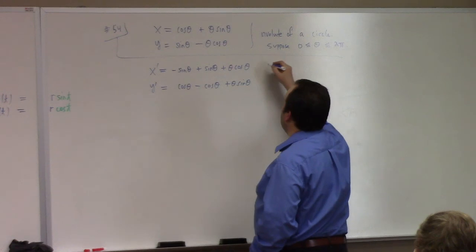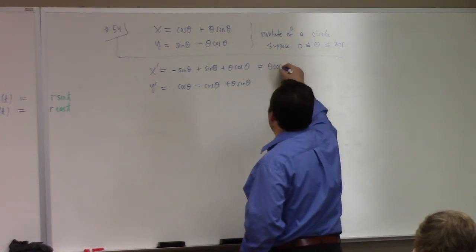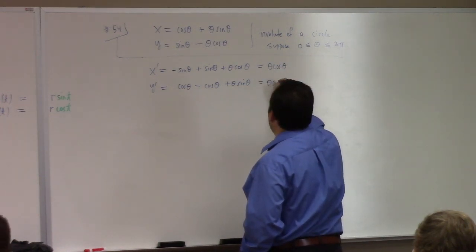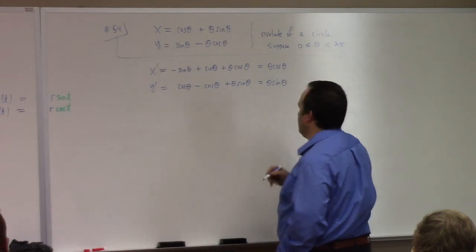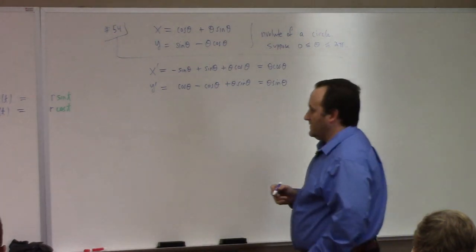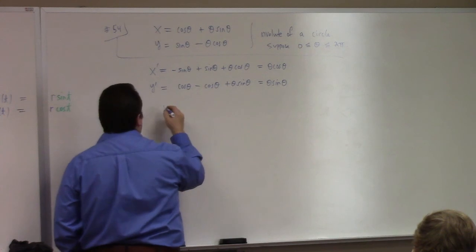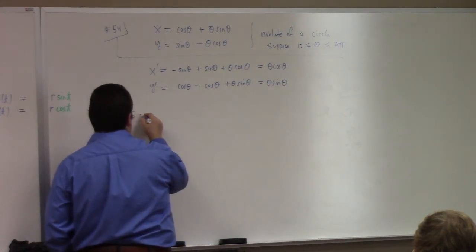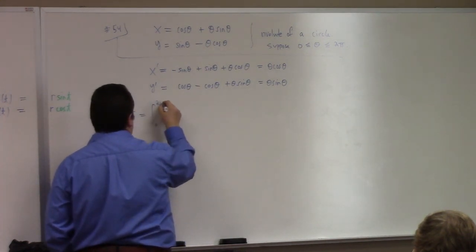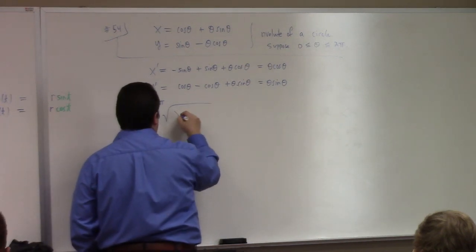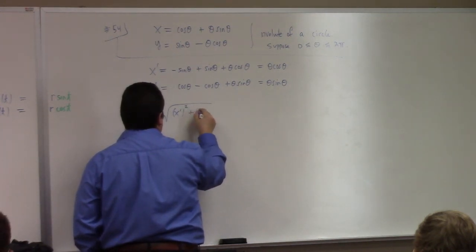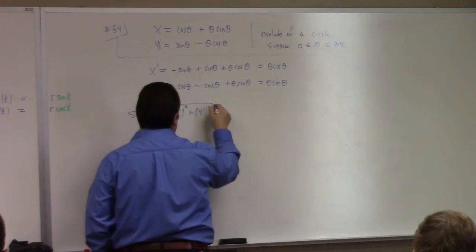So that's kind of neat. So we get theta cosine theta and theta sine theta for the x and y derivatives respectively. And consequently, the arc length s would be the integral from 0 to 2 pi of the square root of x prime squared plus y prime squared d theta, right?